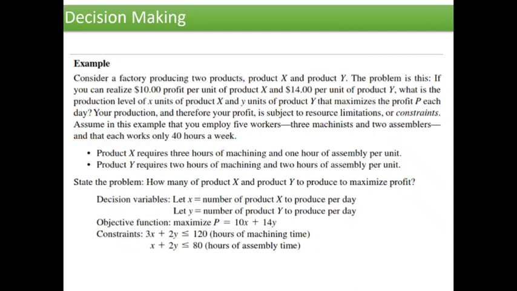So we can write our mathematical equation: P is equal to 10x plus 14y. That is our objective function. Now there are also constraints given, which are also mathematical equations: 3x plus 2y less than or equal to 120, which we can also consider as equal to. The second constraint is x plus 2y equal to 80.